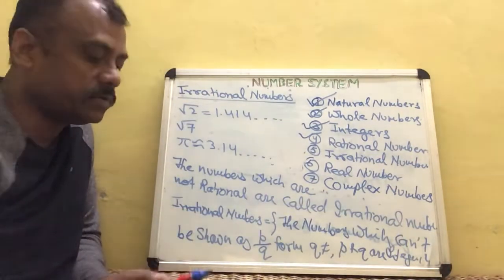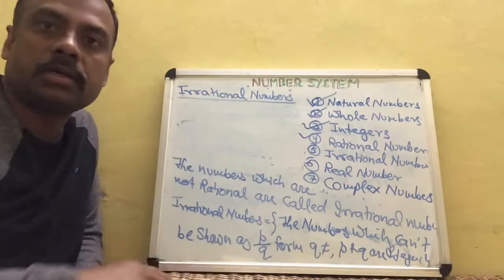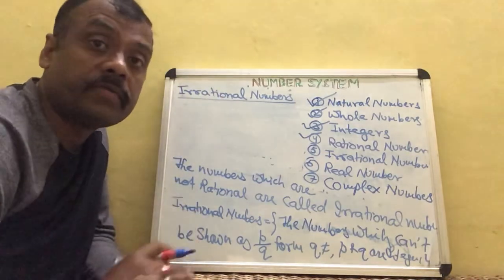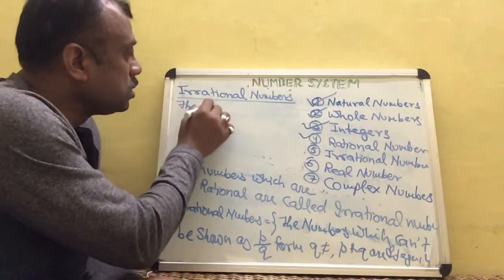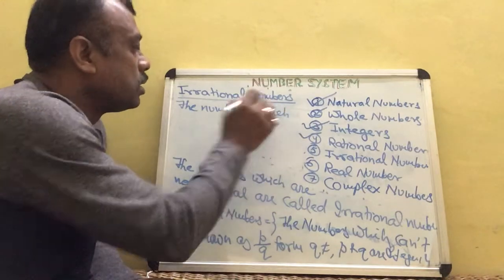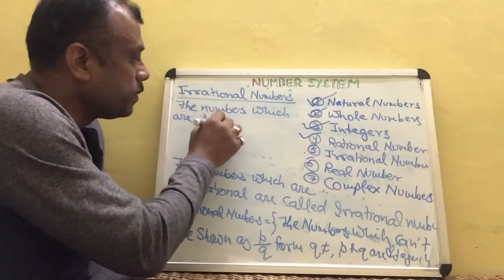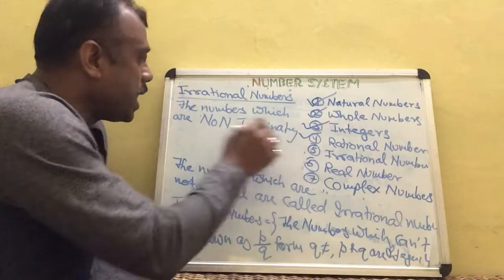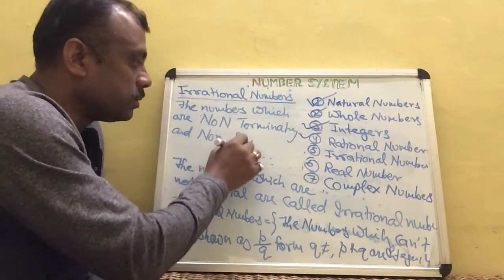Another definition of the irrational number system, in the way we defined the rational number system, is the numbers which are non-terminating and non-repeating.